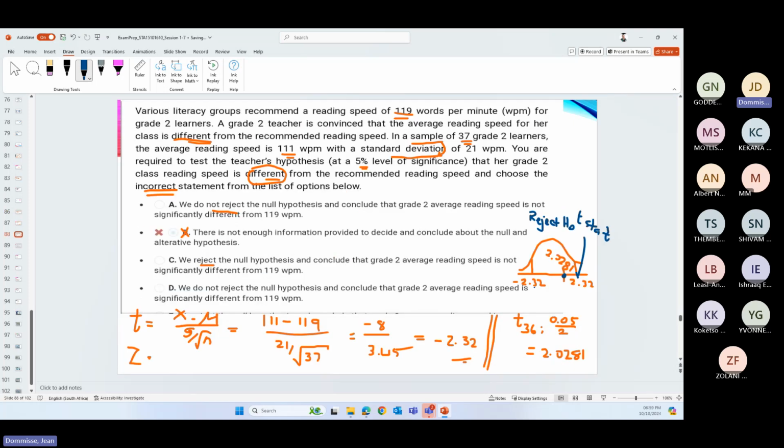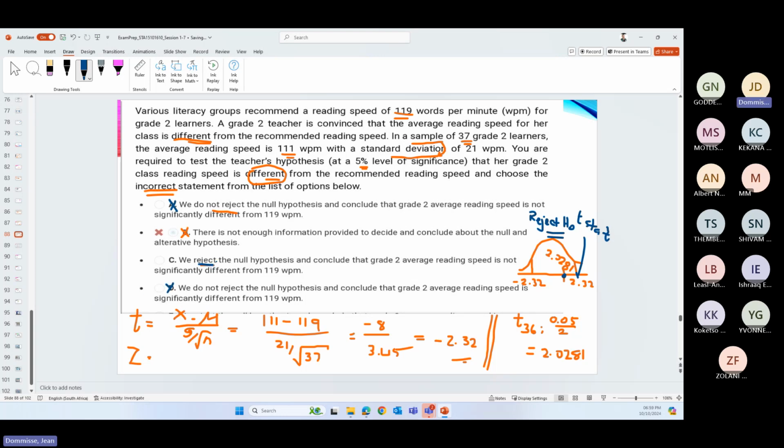The same, we now say our t-stat is bigger than the critical, so we reject the null hypothesis. So again, I think this is one of the most difficult ones that you will get for hypothesis. So, we do not reject? Okay, incorrect. We reject.